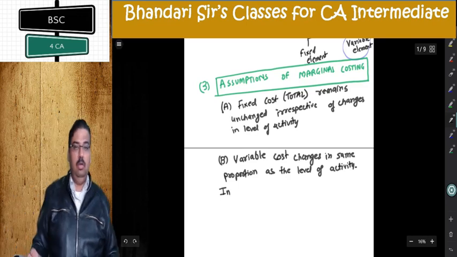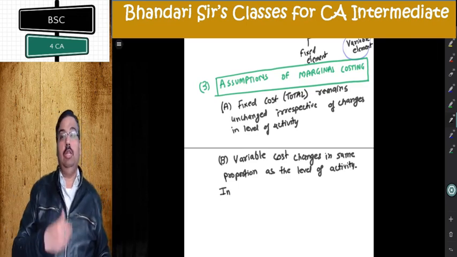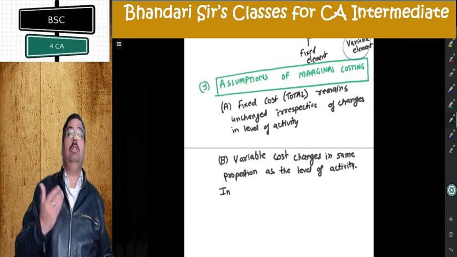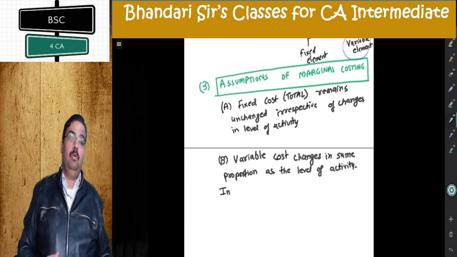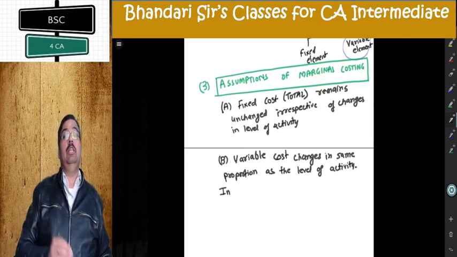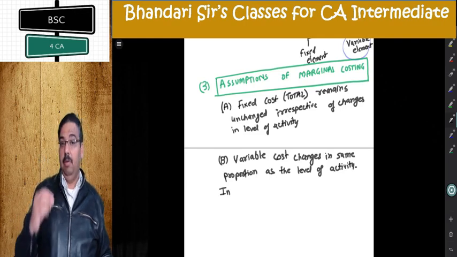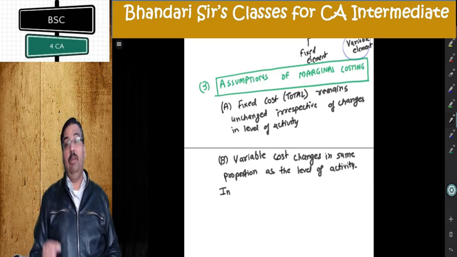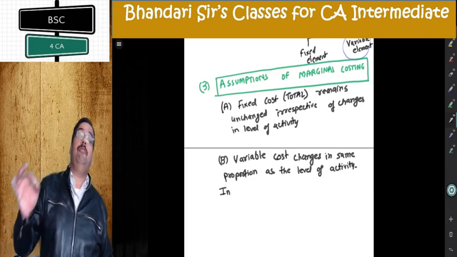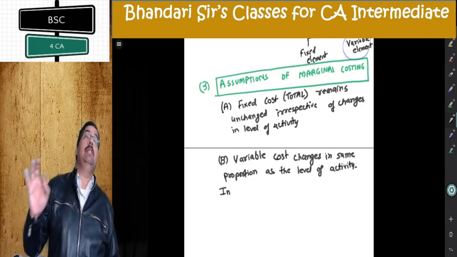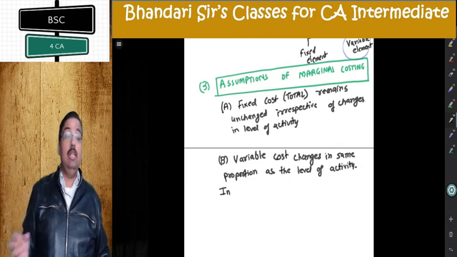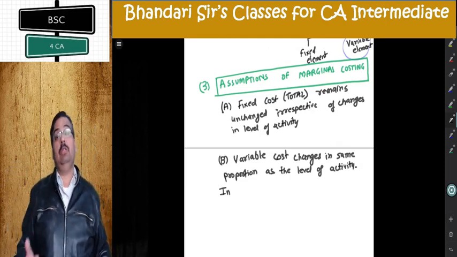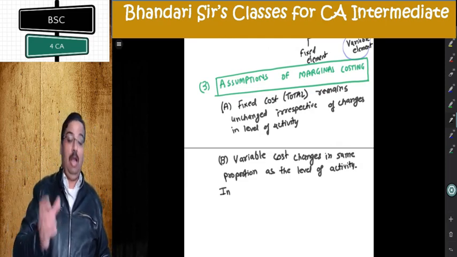If level of activity or production is doubled, variable cost doubles. Level of activity increases by 70%, variable cost increases by 70%. Level of activity or production declines by 50%, variable cost declines by 50%. So in same proportion, variable cost will change as the level of activity.